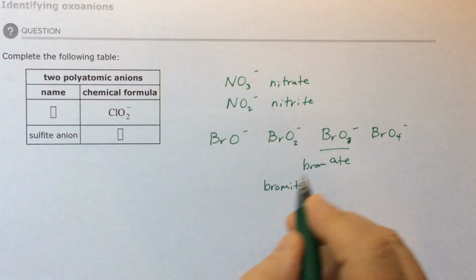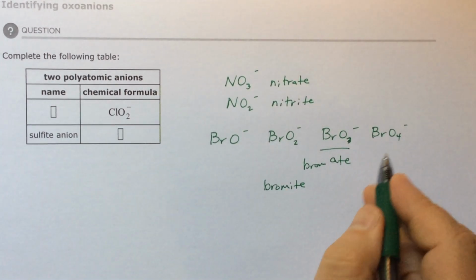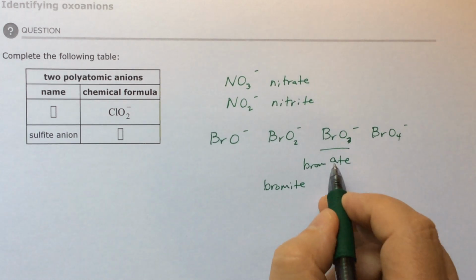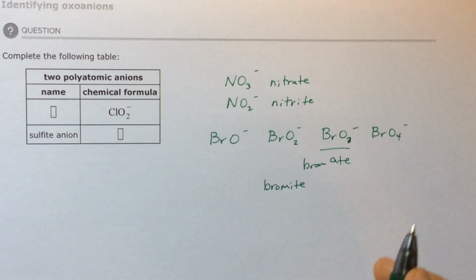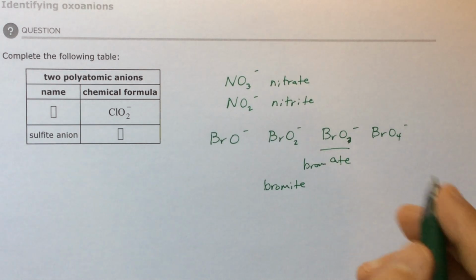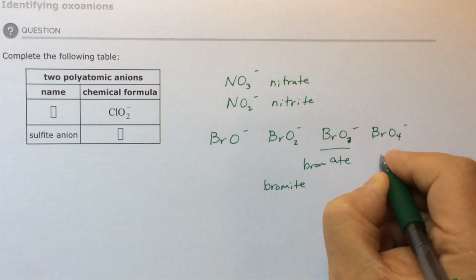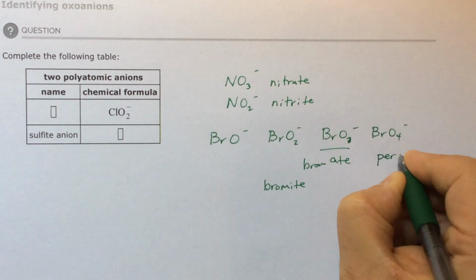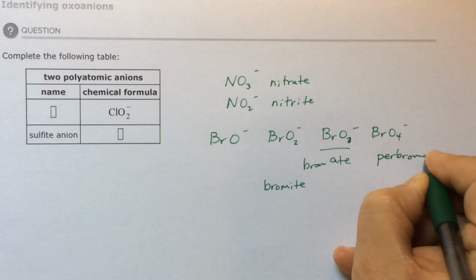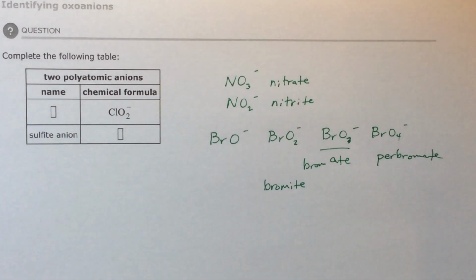Okay, so bromate, bromite. Now, the one that's bigger than the most common, you're going to need a prefix before bromate. It's one word, perbromate. We saw that before with permanganate, MnO4. Perbromate is BrO4, okay?